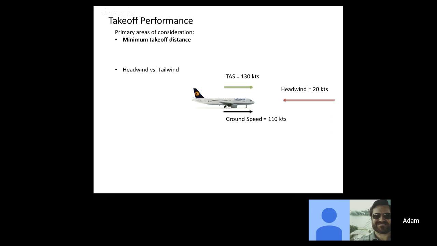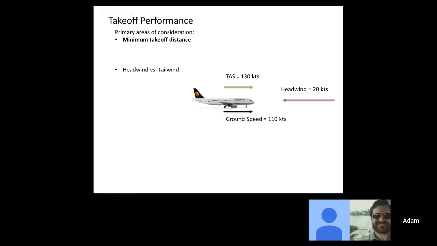Even if the airplane is standing still, if there's a headwind of 20 knots, then the airplane thinks that it's going at an airspeed of 20 knots. So consequently, for this A320 at 130 knots airspeed, it's only doing 110 knots over the ground. So it's going to cover less distance to take off than it would in a zero wind condition.